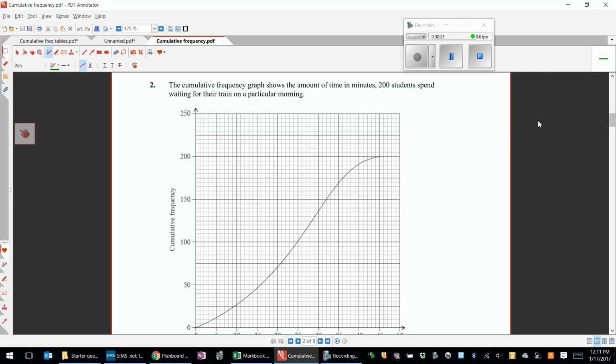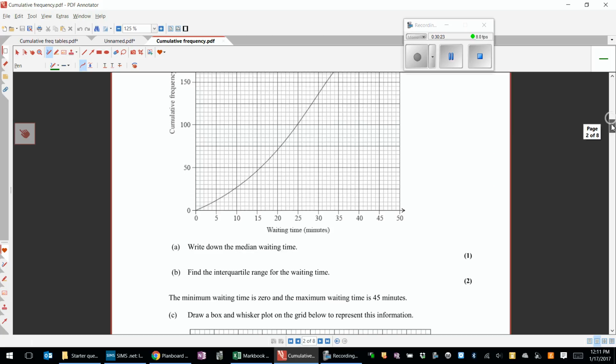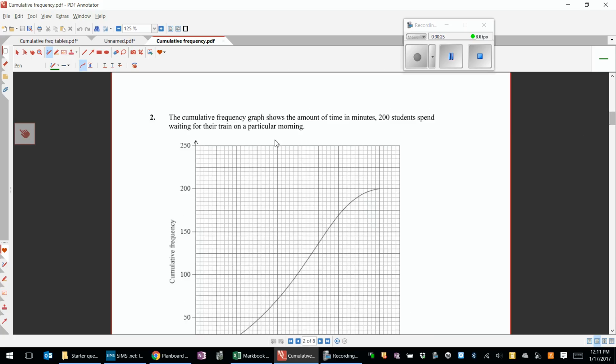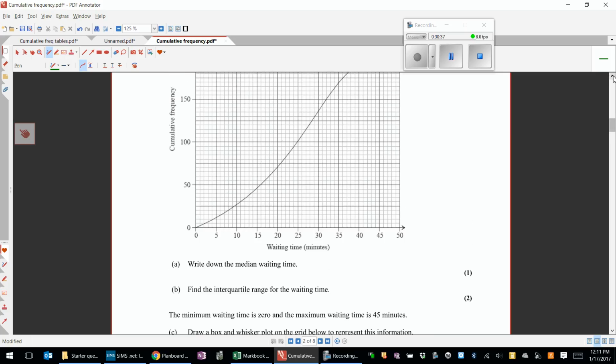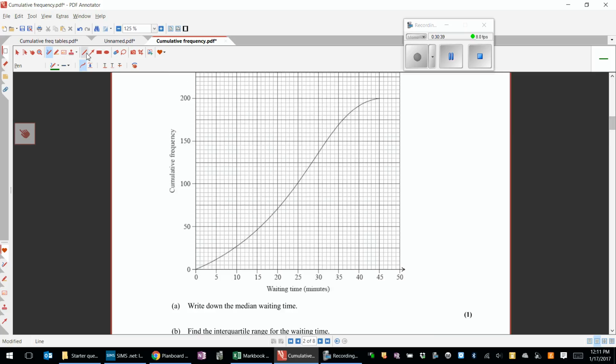So, again, got our information. Cumulative frequency shows the amount of time 200 students spend waiting for a train. Okay. Write down the median waiting time. Well, so importantly, what we've got to do is work out what the maximum is. So we've got to go across, we know it's 200, so just check, in case you weren't told it.